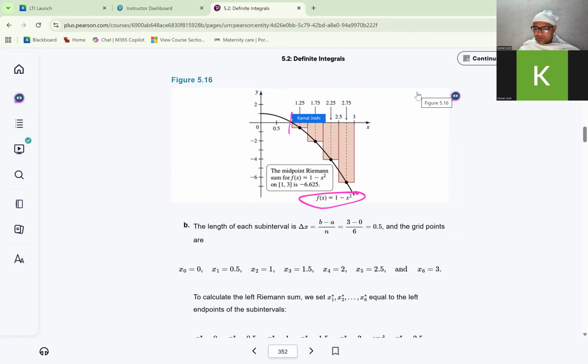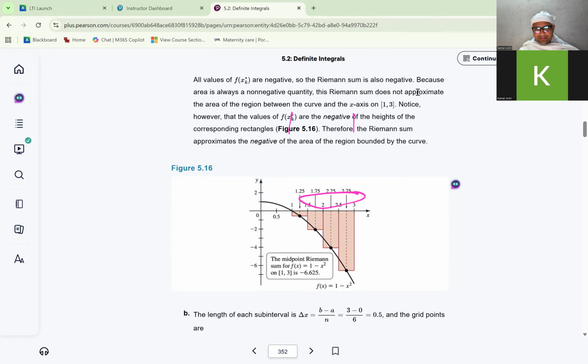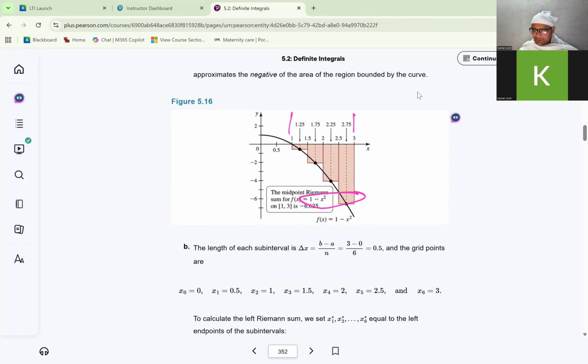From 1 here to 3 here, you can see it goes below the x-axis, and I can use this approximation to compute the area, whatever it is. I think here they have taken 4 intervals and found these rectangles and added the areas of those rectangles and you get an approximate area.